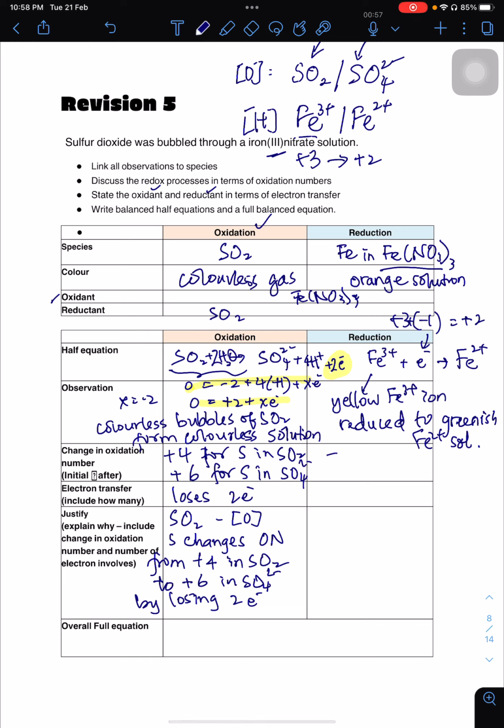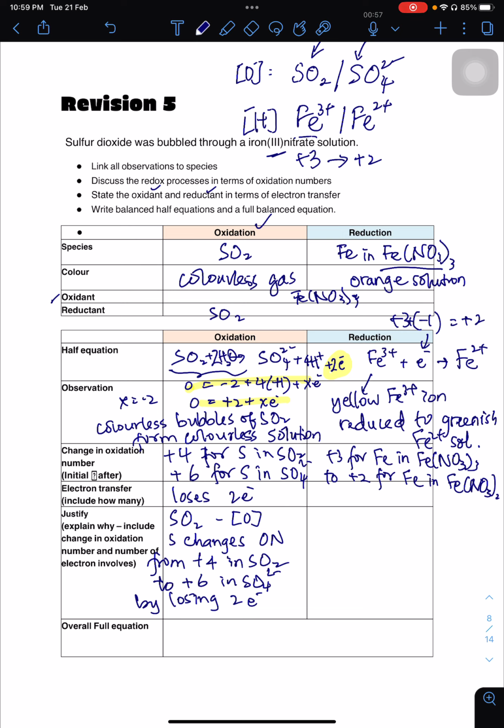So you have to say +3 for Fe in iron 3 nitrate reduced to +2, okay, for Fe in iron 2 nitrate because it's being reduced to iron 2 plus.